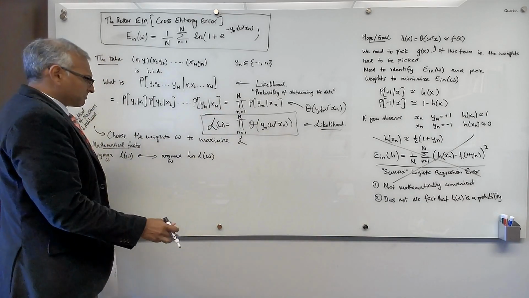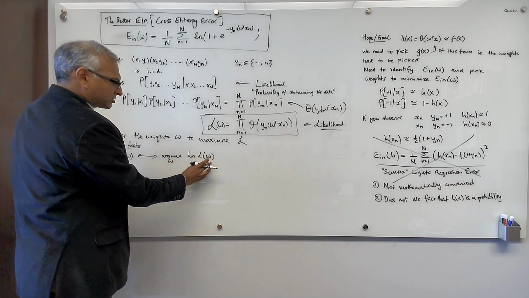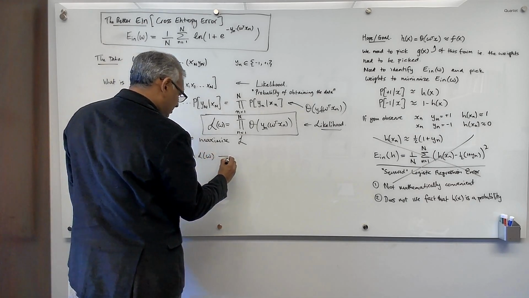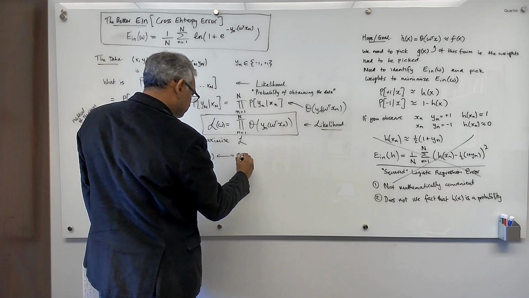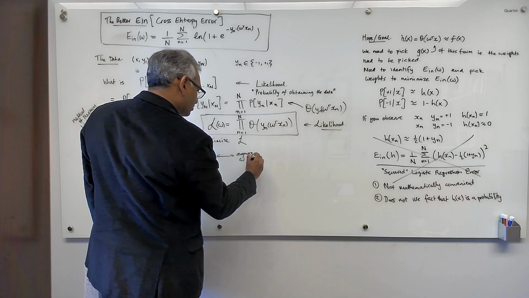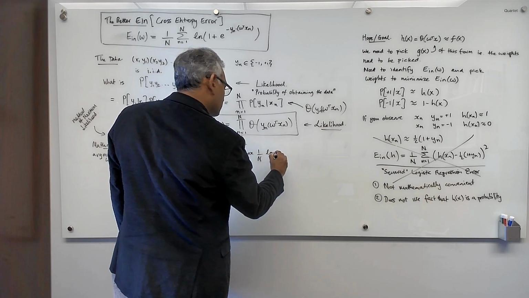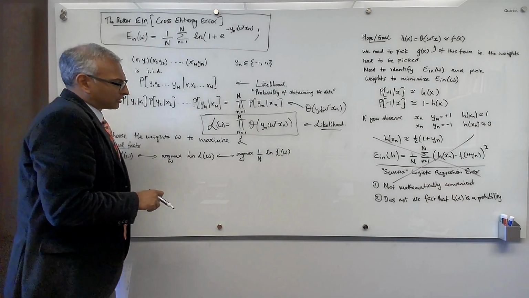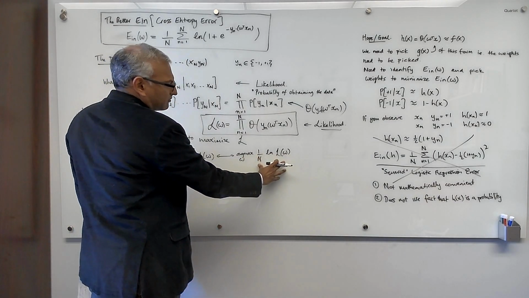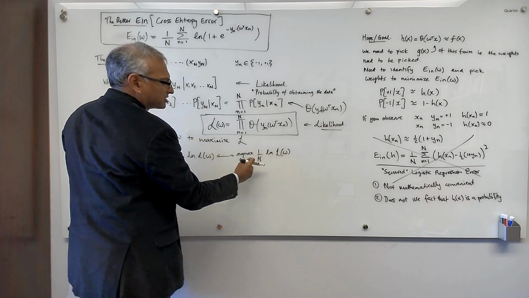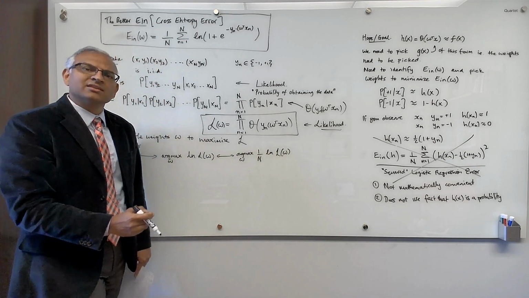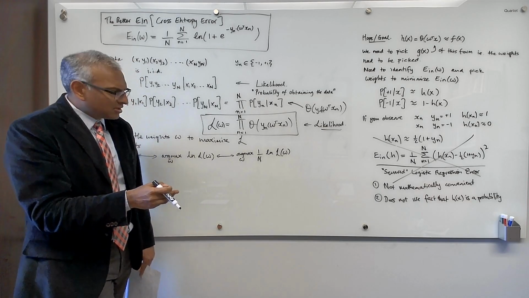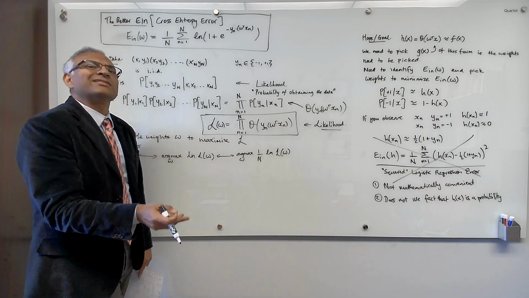But it's also a mathematical fact that if you're maximizing any function, you can maximize any constant times the function. So this is the same as finding the argmax with respect to W of 1 over n times the log of this function. Now, a twist. Finding the maximum of some function, or the argument that attains that maximum, is equivalent to finding the argument that attains the minimum if you look at the negative of the function.